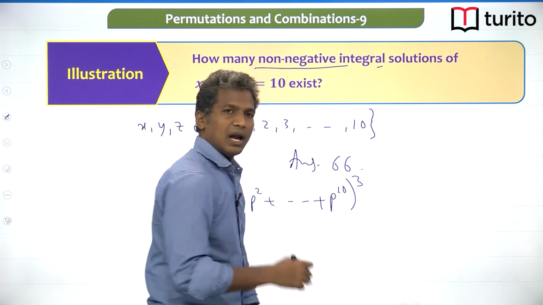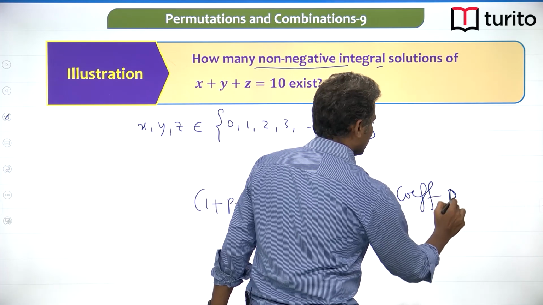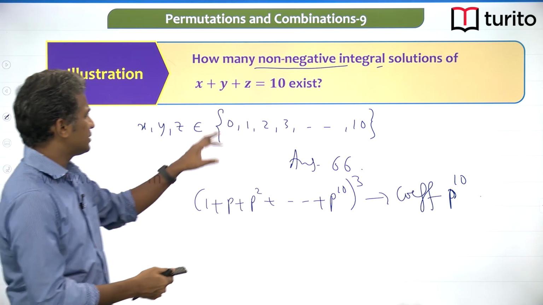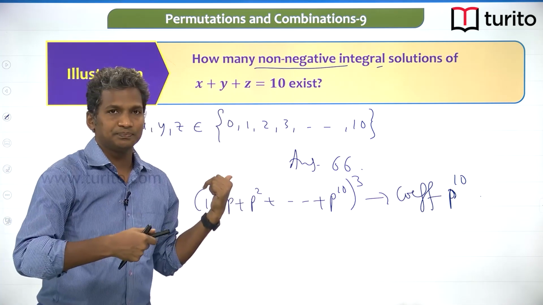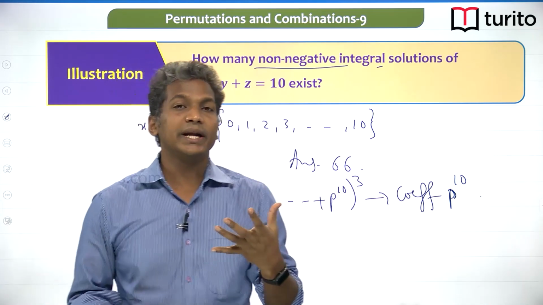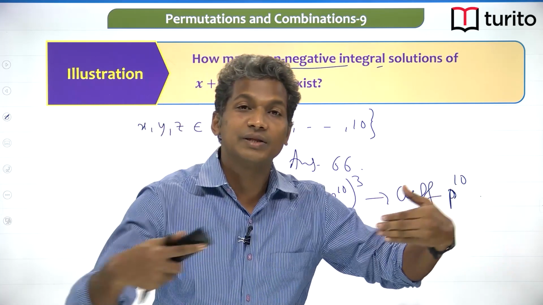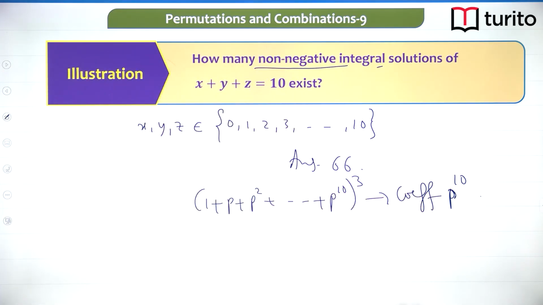So, whole cube, and we will be collecting the coefficient of p raised to 10. Okay. So, this way we can understand that this problem and the earlier problem are exactly the same. So, the number of non-negative integral solutions and the number of selections can always be linked. Okay. So, I hope this is clear. Come on, make a note of this.